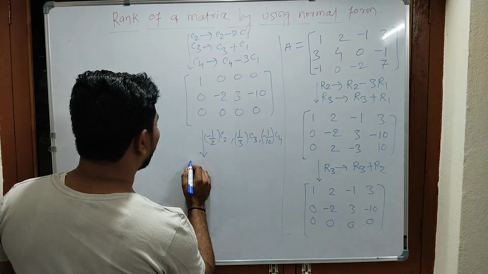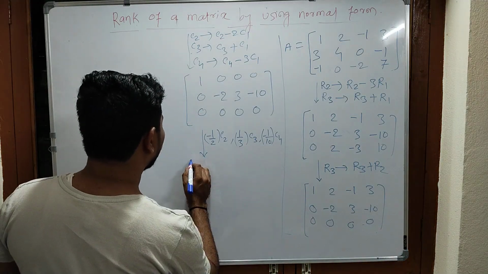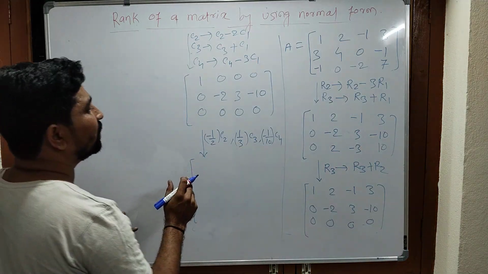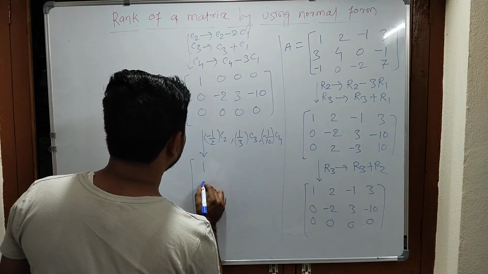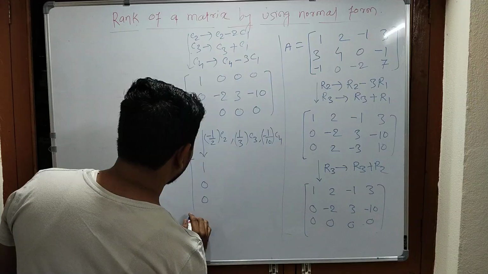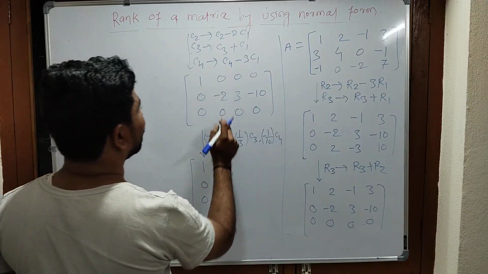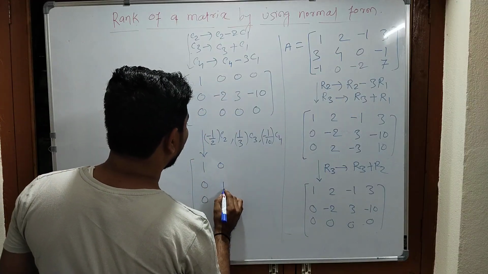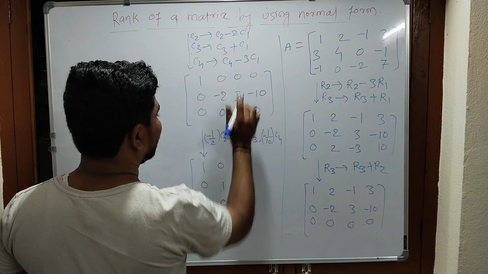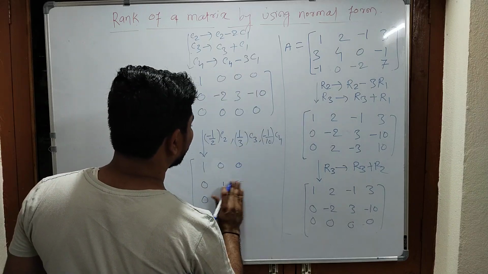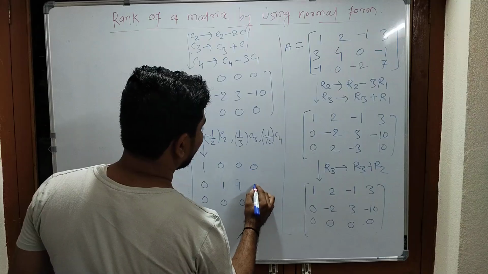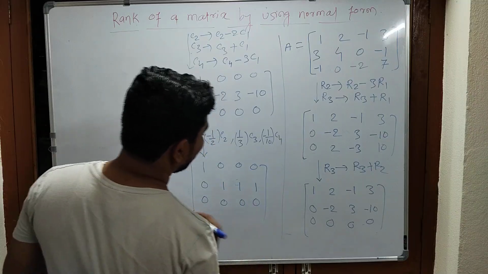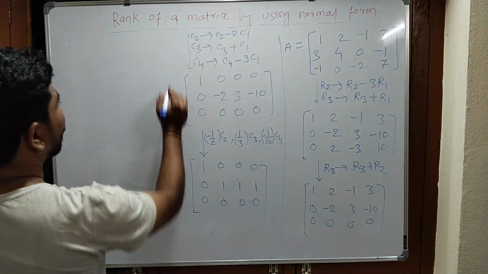The matrix obtained after these three elementary operations has the first column as it is, 1 0 0, the second column 0 1 0, the third column 0 0 1 0, and the fourth column 0 1 0.